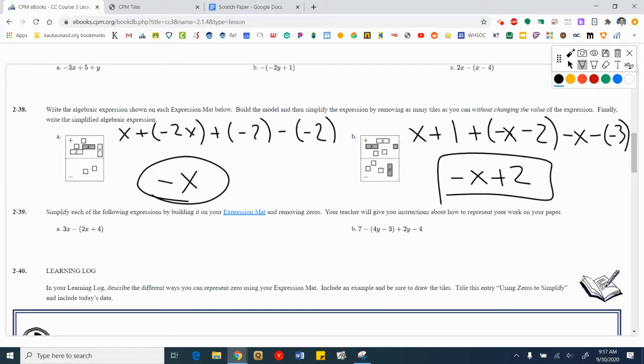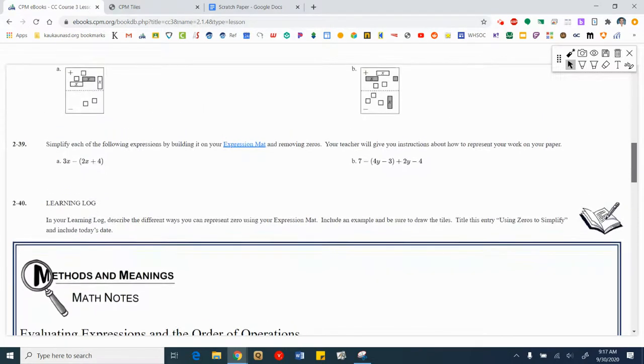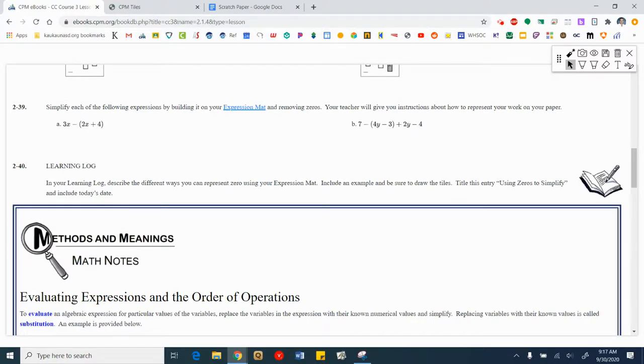That's 238. Let's take a look at 239 together. 239: simplify each of the following expressions by building it on your expression mat and removing the zeros. Your teacher will give you instructions about how to represent your work on your paper.